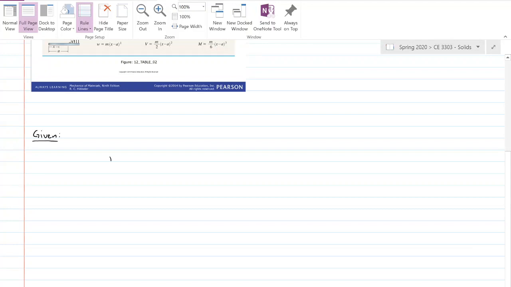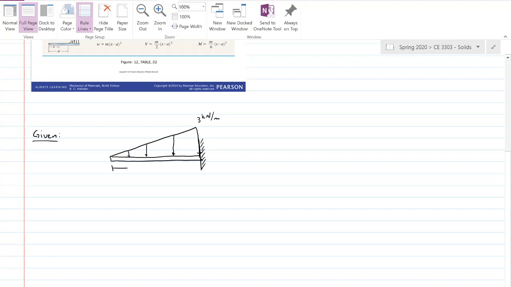All right, my first example is going to be a cantilever, and I'm going to put a triangular load on here with a maximum value of 3 kilonewtons per meter.